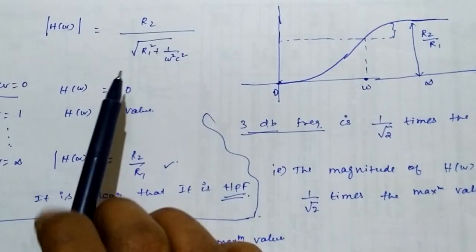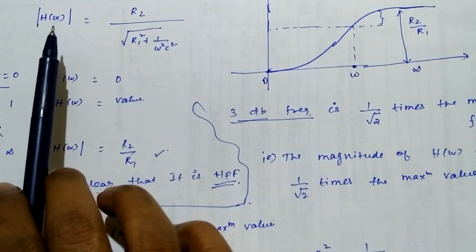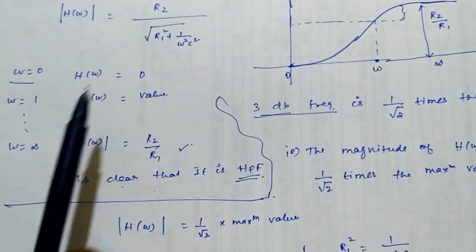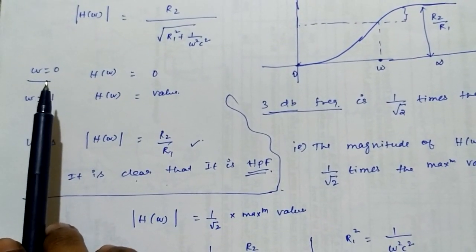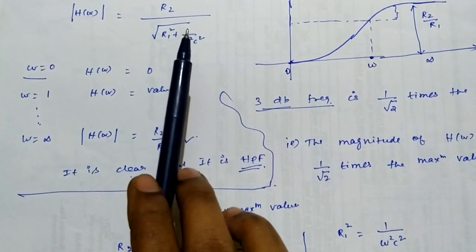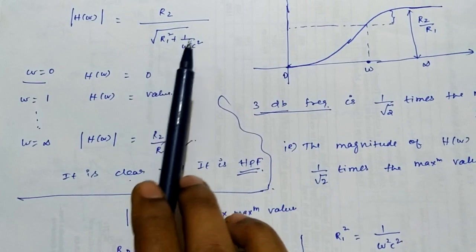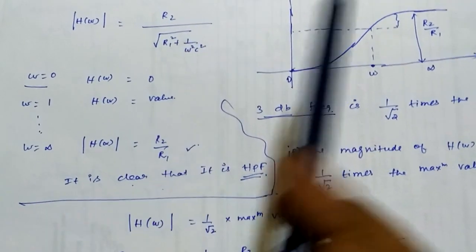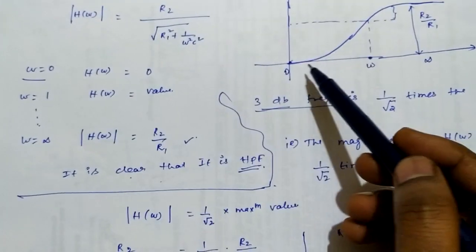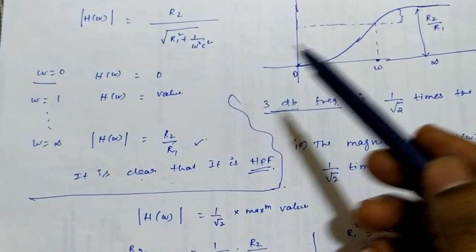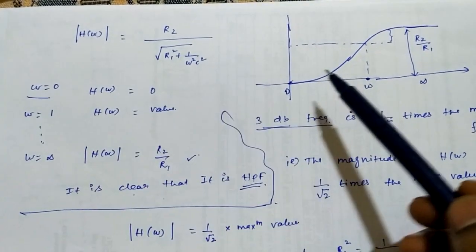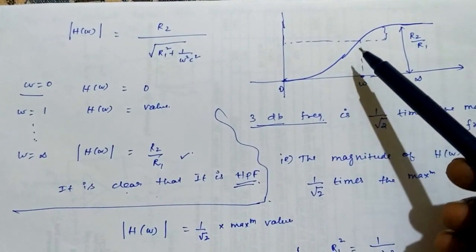Now once again, the magnitude of the filter is R2 over square root of R1 square plus 1 by omega square c square. Now when we substitute omega is equal to 0, 1 by 0 is infinity. So this entire value is infinity. Anything divided by infinity is 0. When omega is equal to 0, the magnitude is 0. When the omega value increases, the magnitude also gradually increases.